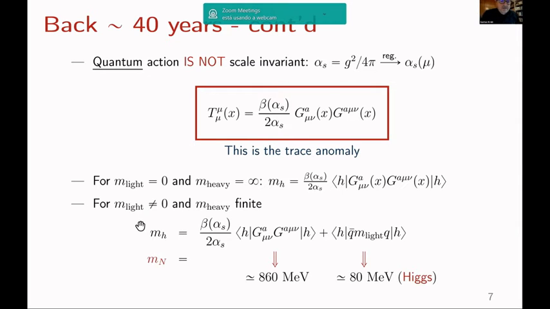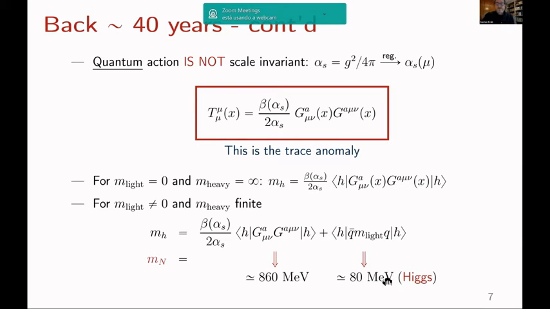Okay, now in real QCD, the real world, the light quark masses are not zero. The heavy quarks are not infinite mass. And so the hadron masses actually get an extra contribution, which you might call a Higgs contribution, an explicit dependence on the light quark masses, which is of the order of 80 MeV if you integrate out the heavy quarks.